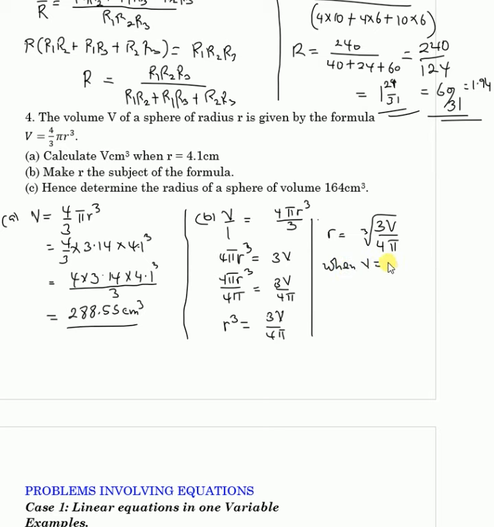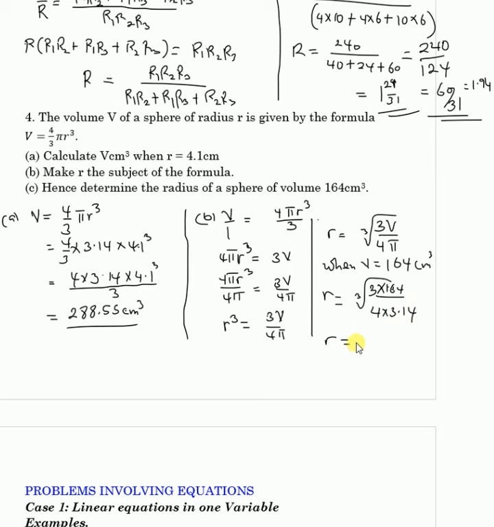And now when V is equal to 164 centimeters cubed, we shall have that r is equal to the cube root of 3 times 164 divided by 4 times 3.14.